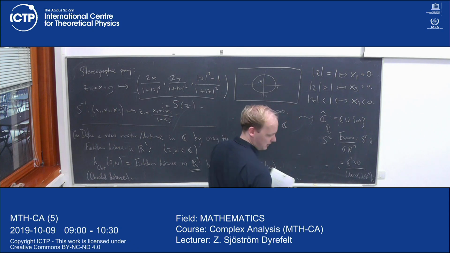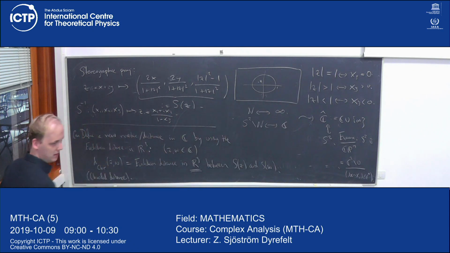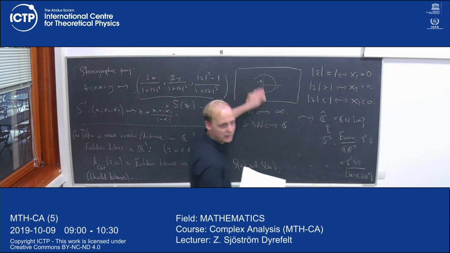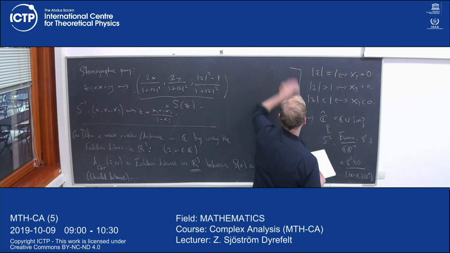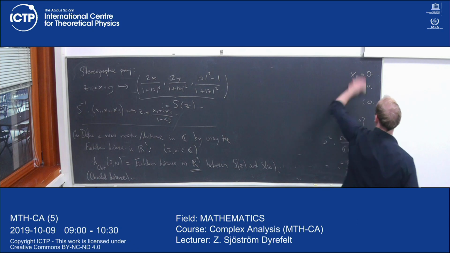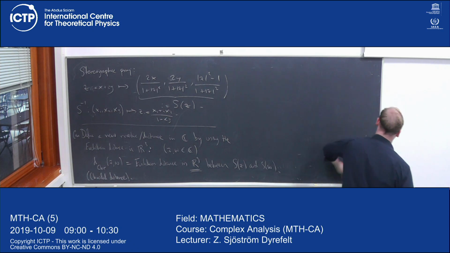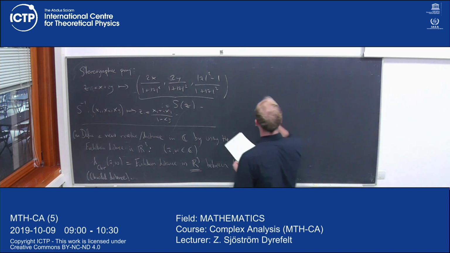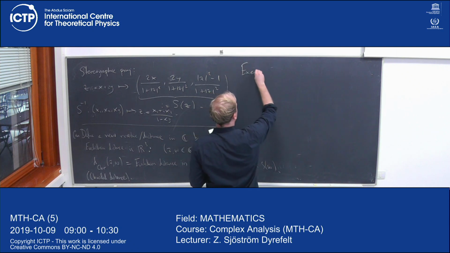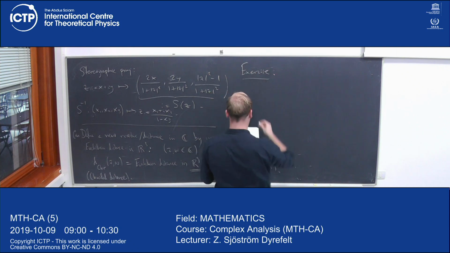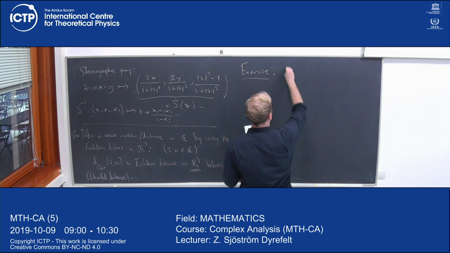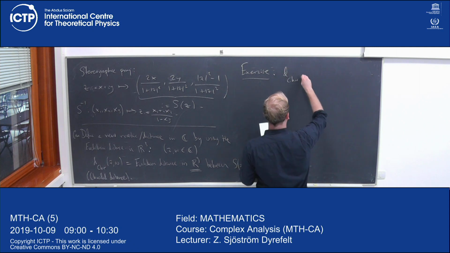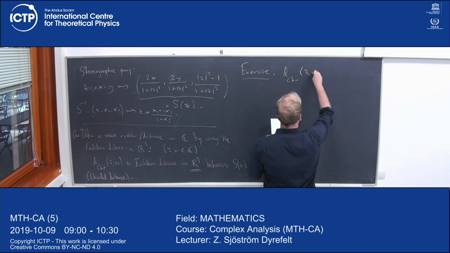And then we have an exercise, which is on the second exercise sheet that I will give you today. So we have the following exercise: you have the following formula for the chordal distance.